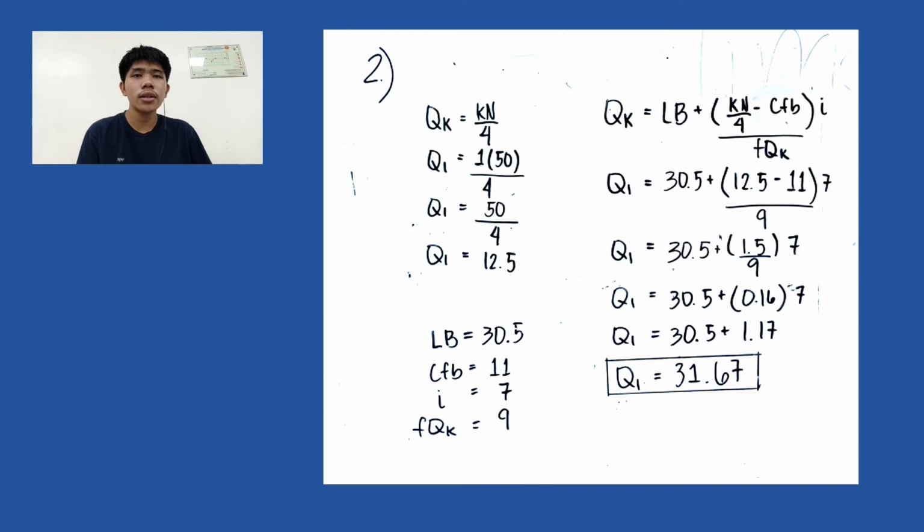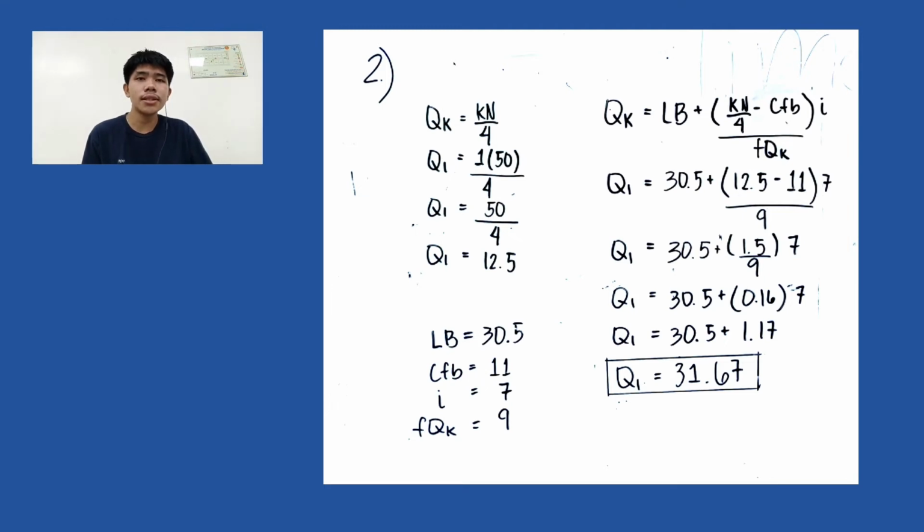So Q sub 1 is equal to 30.5 plus 0.16 times 7. So 1.5 divided by 9 is 0.16. So Q sub 1 is equal to 30.5 plus 0.16 times 7.